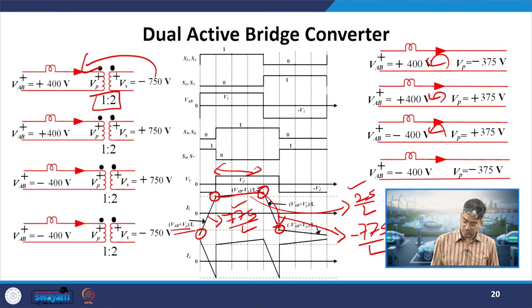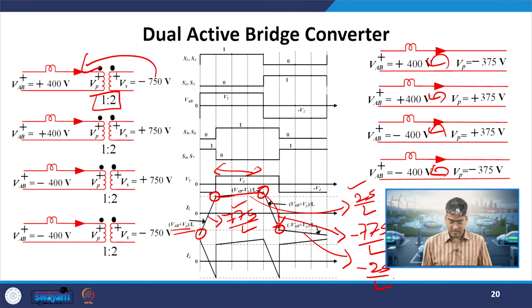Now, when I go into mode 4 and apply KVL, I will observe that it will be equal to minus 25 by L, because minus VAB, which is 400, but BP, the reflected secondary side voltage, has become 375. So, net 25 volts will be applied in the reverse direction. So, the inductor will start discharging further, or the current will increase in the negative direction. It will go to the maximum negative value at the end of the cycle. That is what was the starting point for us.